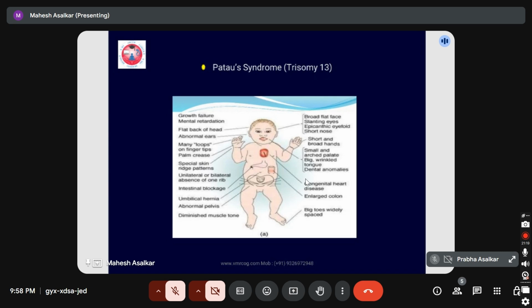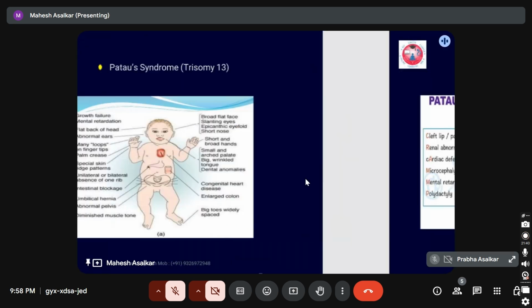There'll be growth failure, mental retardation, flat back of head, abnormal ears, many loops of fingertips, palm crease, spatial skin ridge patterns, unilateral or bilateral absence of one rib, intestinal blockage, umbilical hernia, abnormal pelvis, diminished muscle tone. So these are the features of trisomy 13.